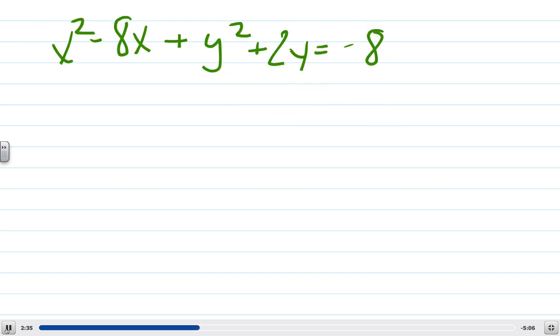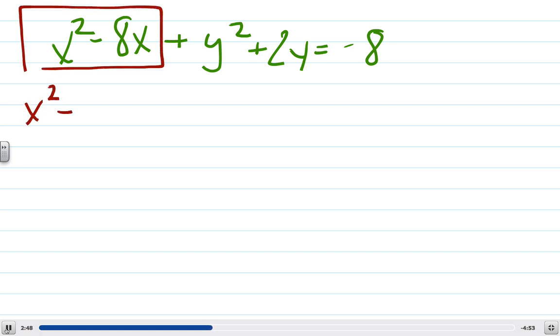So let's use that and make it a perfect square so that we can put it into our equation. If I wanted to rewrite this section, we'll work with this section first, x² - 8x plus something.